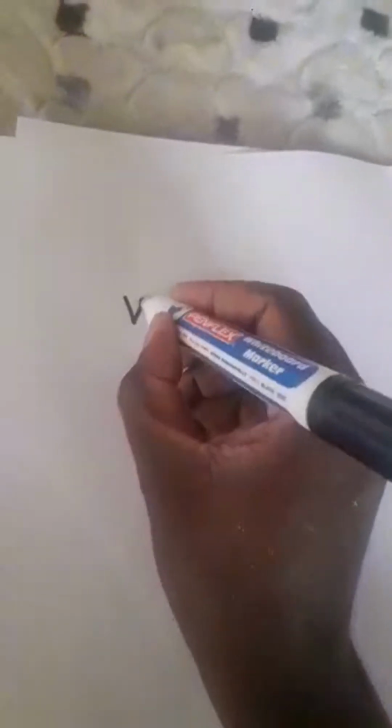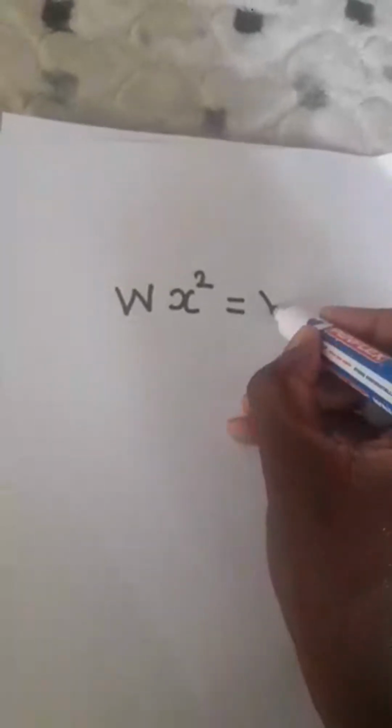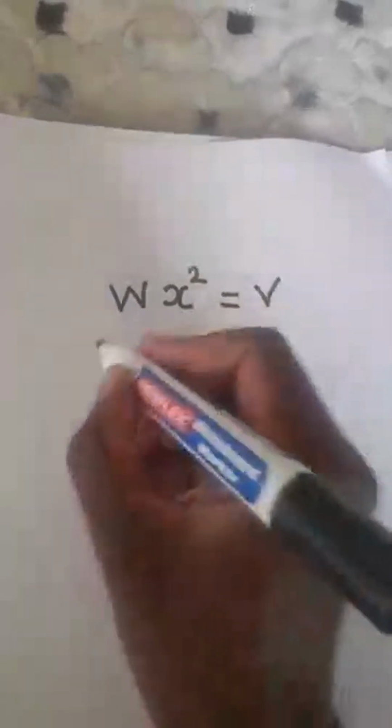Let's write another one. Let's say we are given w x squared is equal to v. Then I said make x the subject of the formula.